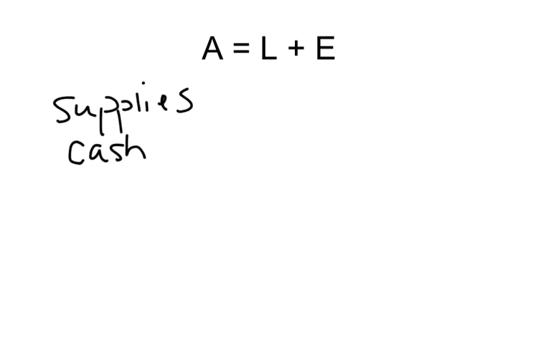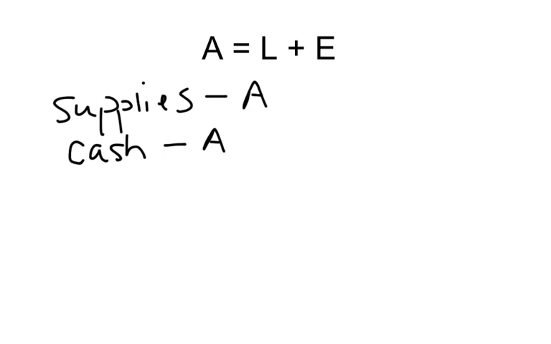Now let's look at each one of them individually. What kind of an account is supplies? And we said before, this is an asset. And what kind of an account is cash? That is also an asset. Okay? So, supplies is an asset, and are we increasing or decreasing it? We purchase supplies for cash. So we've increased this asset.